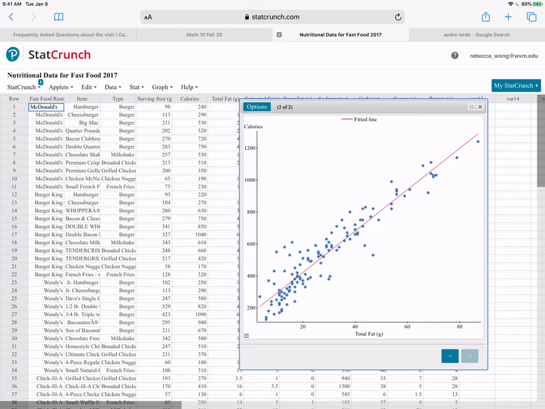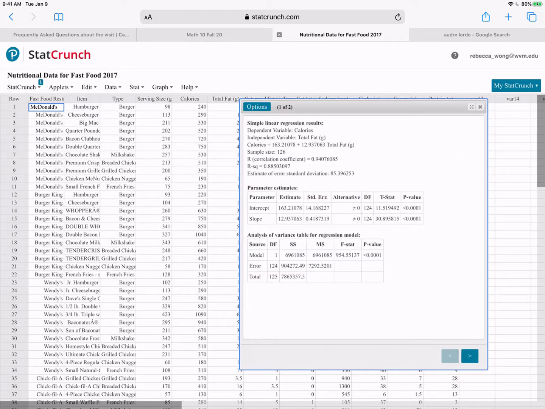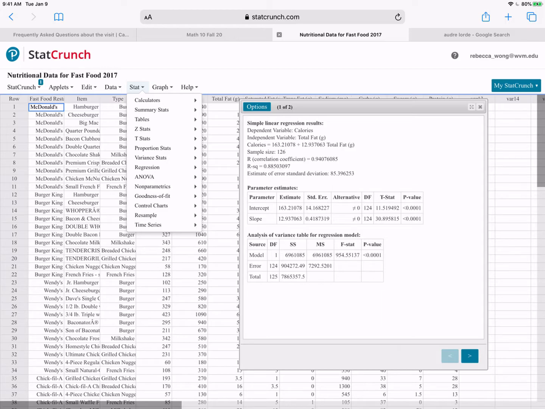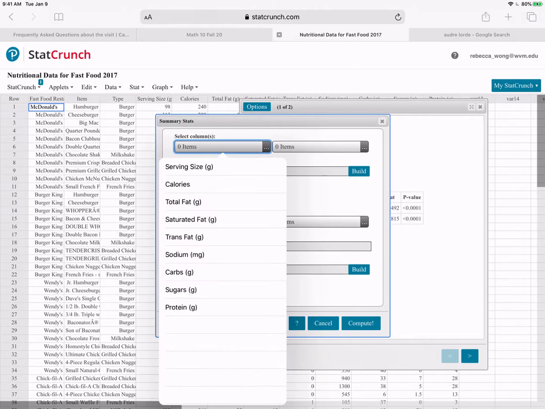Now for those who don't like the ambiguity of looking at a picture, you could also do it by looking at the lowest number and the highest number in your data set. The way you would do that is you would come here to Stat, Summary Stats, just like we've been doing in Chapter 3, and we want the summary stats of the fat column.